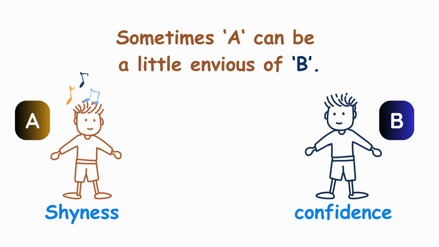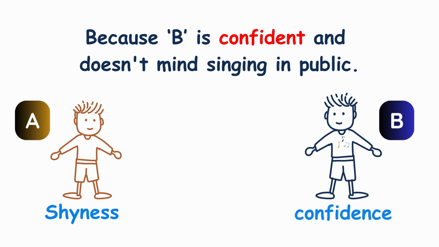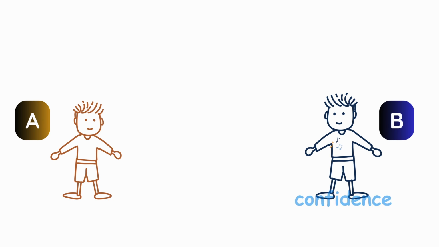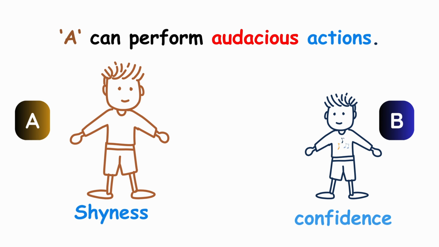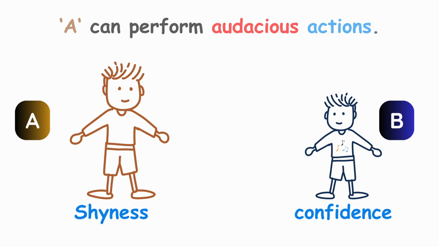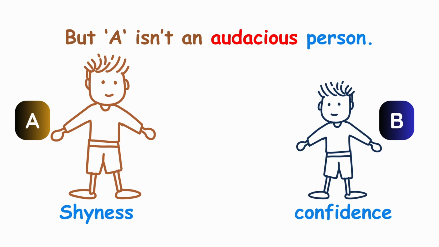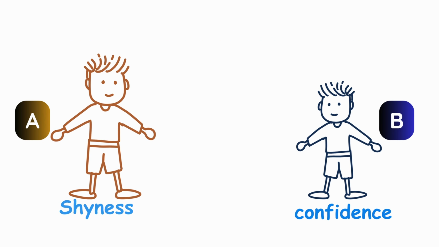Sometimes A can be a little envious of B, because B is confident and doesn't mind singing in public. B has confidence, boldness, fearlessness, and audaciousness. A can perform audacious actions, but A isn't an audacious person.